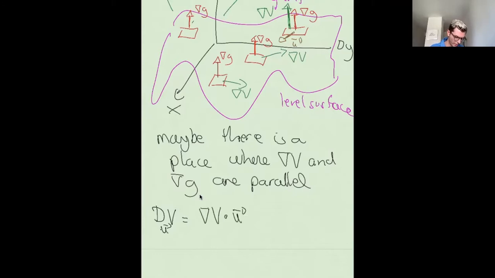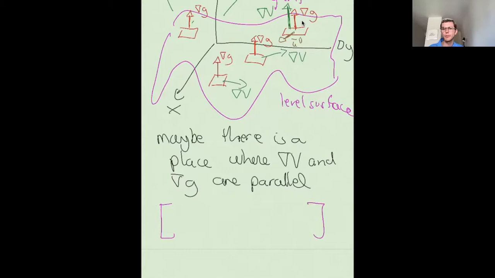Yes, right. But if you are at a place where the gradient of V is parallel to the gradient of G, that means it is just a multiple. Let me say it this way: what does it mean for two vectors to be parallel?